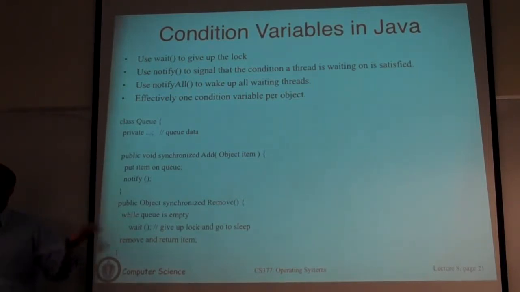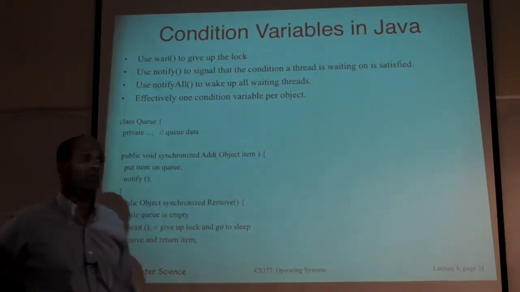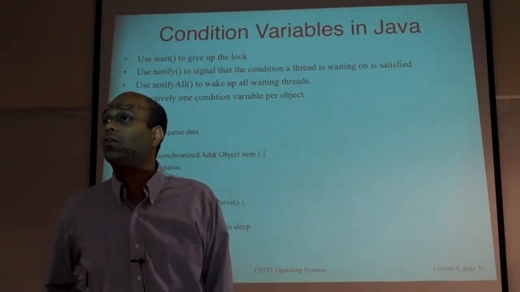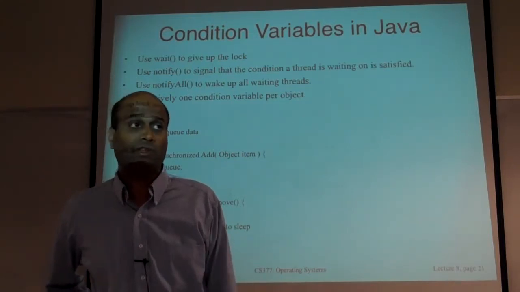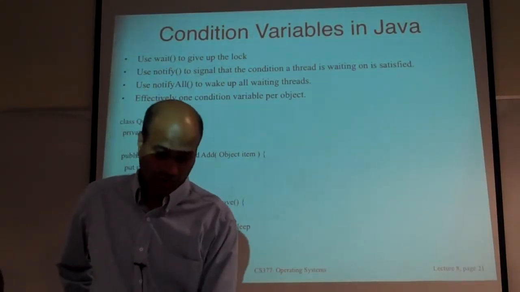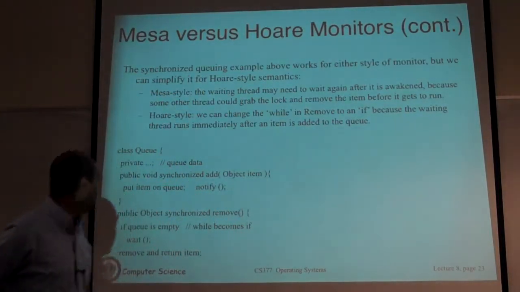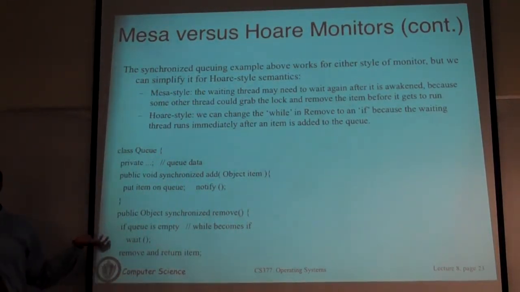In a Hoare-style monitor, you are explicitly given the lock by the thread that added a data item to the queue. There's no need to check, since you know that some thread has just added an item, so you can get away with it. So the real difference between the two is that in this case you just don't need to do that check again, because you're explicitly woken up and given the lock.